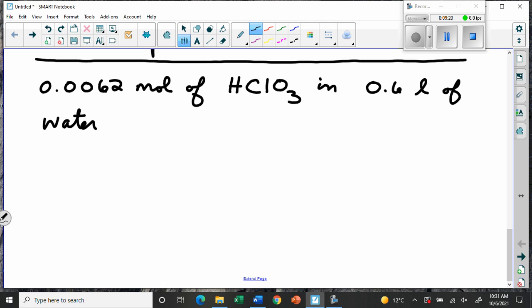That's not quite 1 liter, is it? Let's find the pH of this solution.